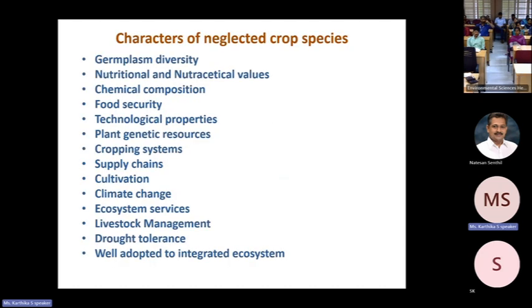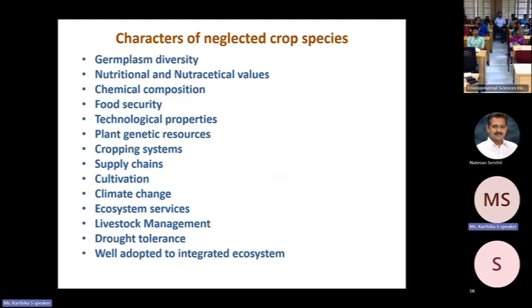Now we can come to the second part. We can talk about circular bioeconomy and sustainability, and another thing is waste valorization. These are the three key components which are responsible for the future, not only for the regular conventional crop, but also for underutilized or neglected crop species.